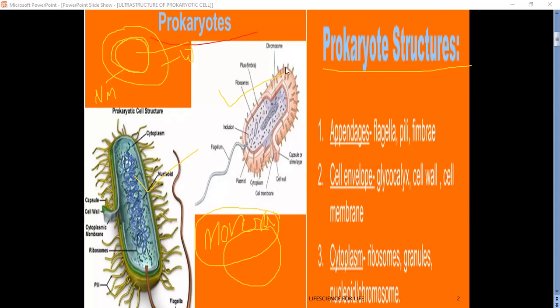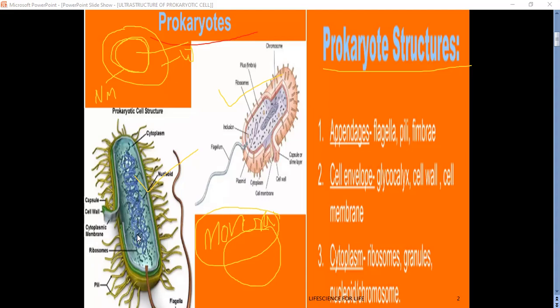For a prokaryotic cell there are a large number of structures present: the cell wall, the capsule, the cytoplasmic membrane, the ribosomes, and the pili and flagella. All these structures are present in the prokaryotic cell.